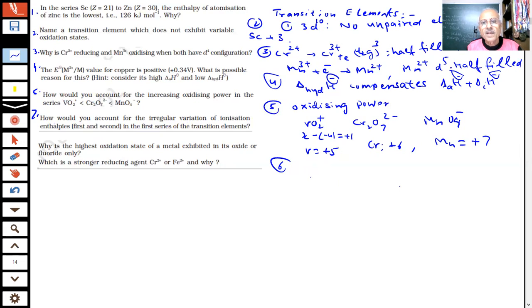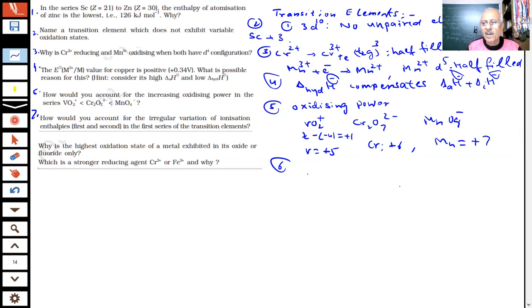They have irregular variation of ionization enthalpy because of variation in the degree of stability of different 3d configurations. And something more, you have found some irregularity in their atomic sizes also. It's a combination of factors, not one factor.